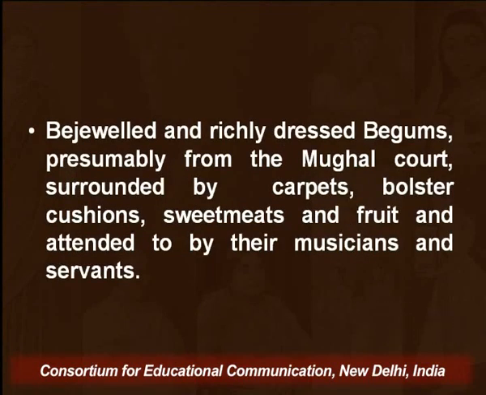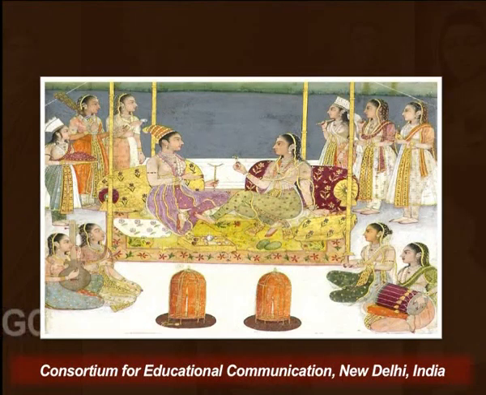Most of the women were depicted as bejewelled or richly dressed begums, presumably from the Mughal court, surrounded by carpets, bolster cushions, sweetmeats, and fruits, and attended to by a huge retinue of musicians, servants, dancing girls, helpmates, etc. As you can see in this visual that is being shared on the screen, this was a typical kind of scene that would depict life in a zenana, and the way a woman belonging to royalty was pampered and taken care of.